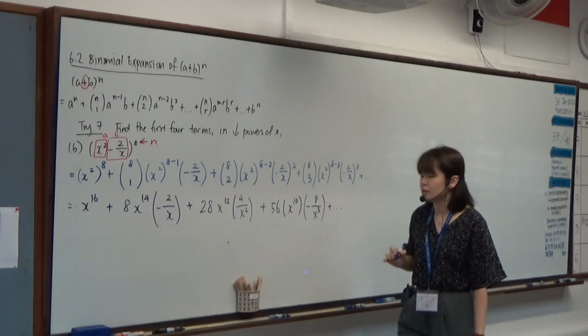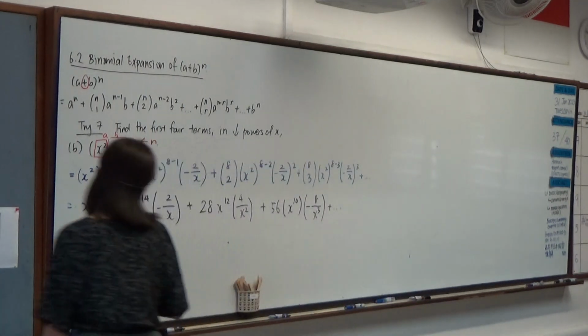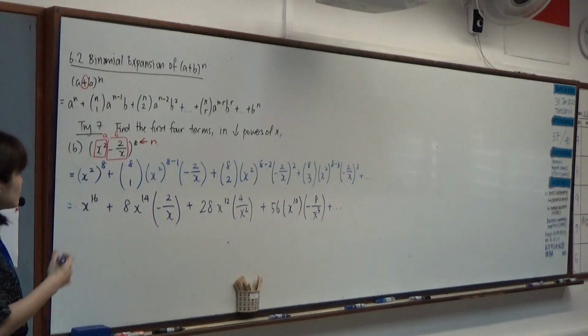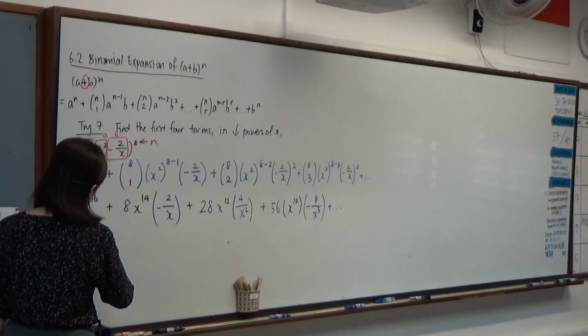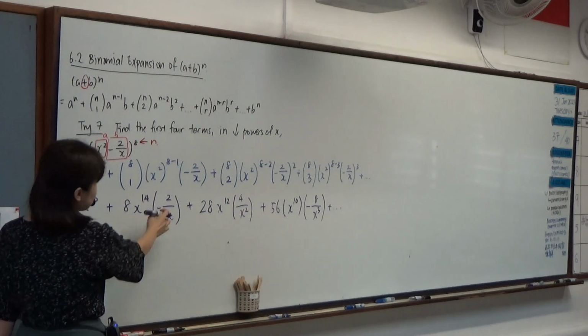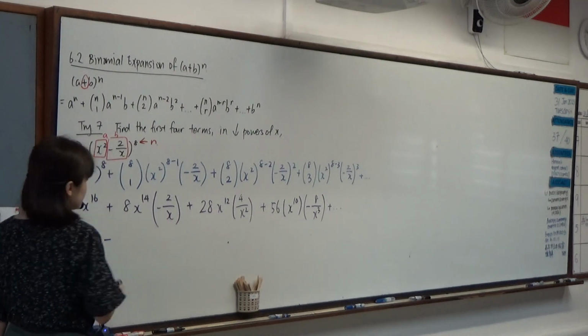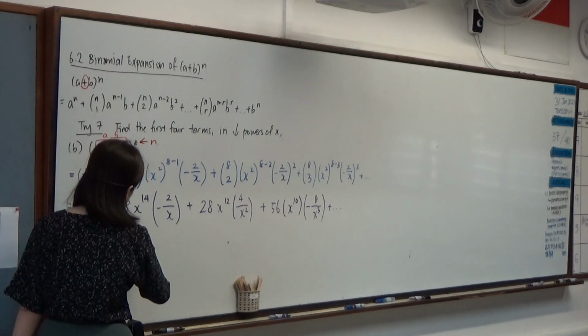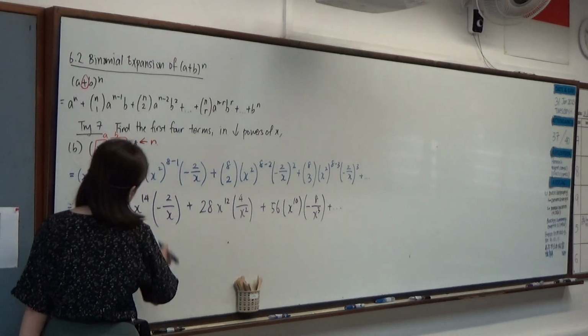Okay, so upon expansion and finding out the numbers, this will be what you get. We still need to further simplify it. So upon further simplification, take note this is a plus, this is a minus, so we get a minus over here. Then we will have 16 x to the power of 13, sorry.